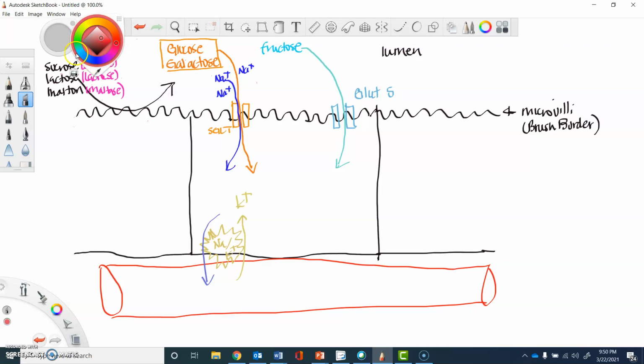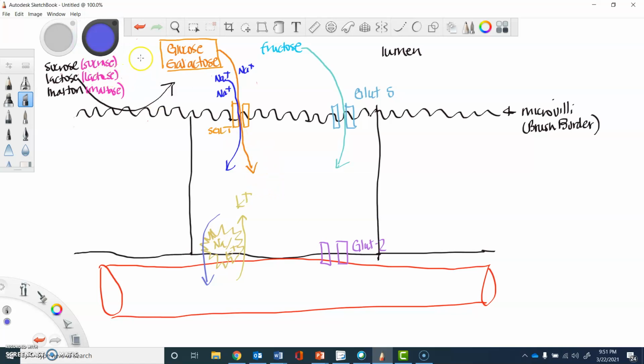So there is also another transporter on the basolateral side, and this is a Glut 2 transporter. And this will allow the glucose, galactose, and fructose to go into the bloodstream.